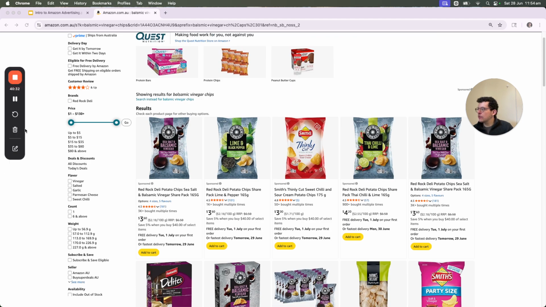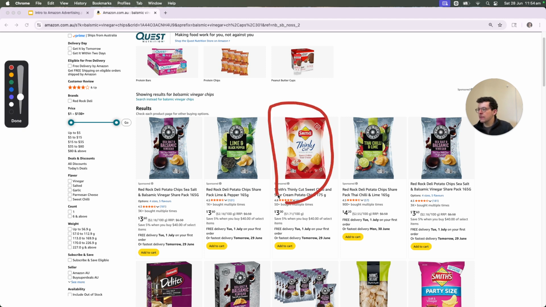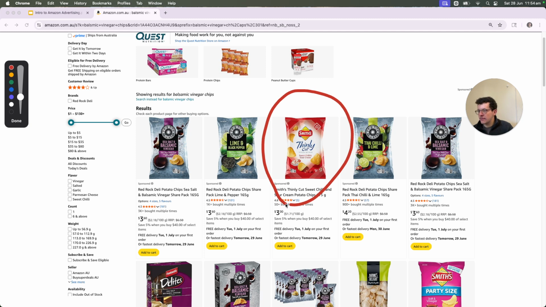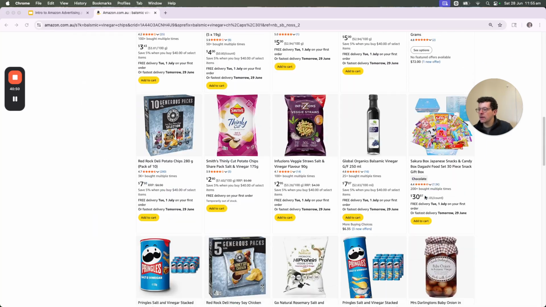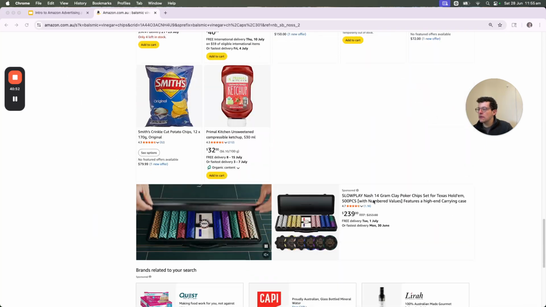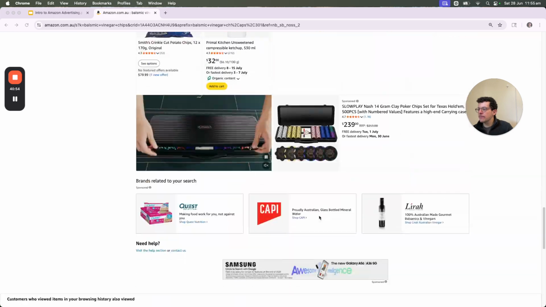Another example is this product here, Smith's Thinly Cut. This might be a product that does not perform as well, and so they've got this advertised placement over here, whereas the organic placement might be page 4 or page 5, right? We might have to keep scrolling down until we find it.